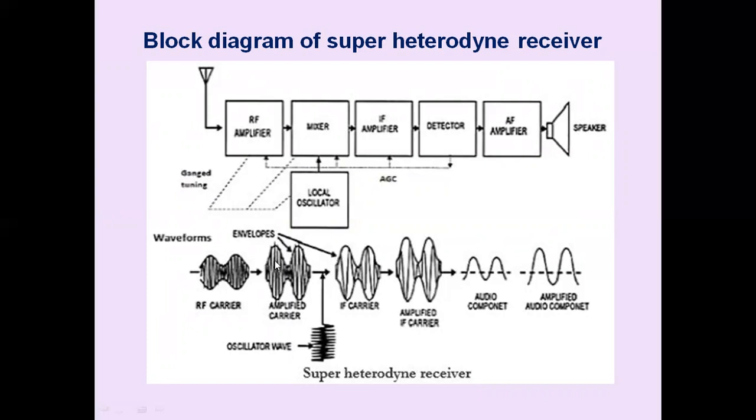So the message which is there on the RF signal is placed on the intermediate frequency signal. The carrier now is the intermediate frequency signal. Irrespective of the incoming signal tuned, the message is placed onto an IF value so that the next circuits are common irrespective of the signals that we are receiving.